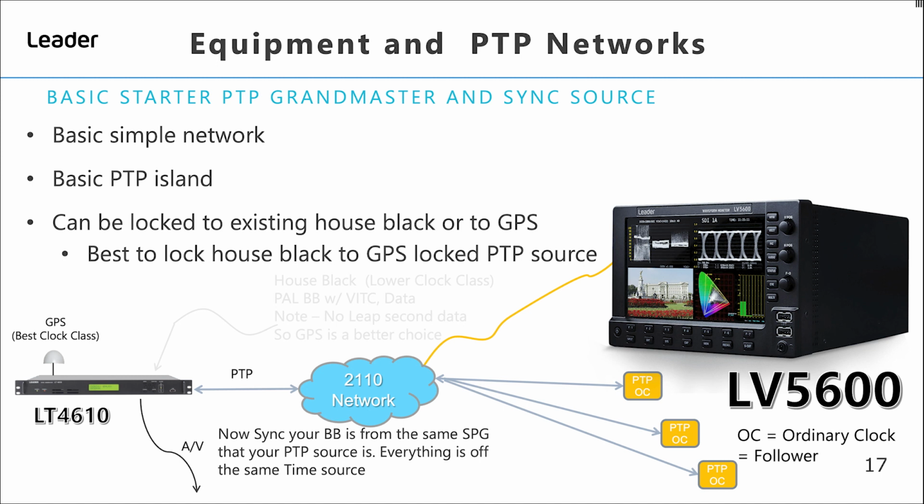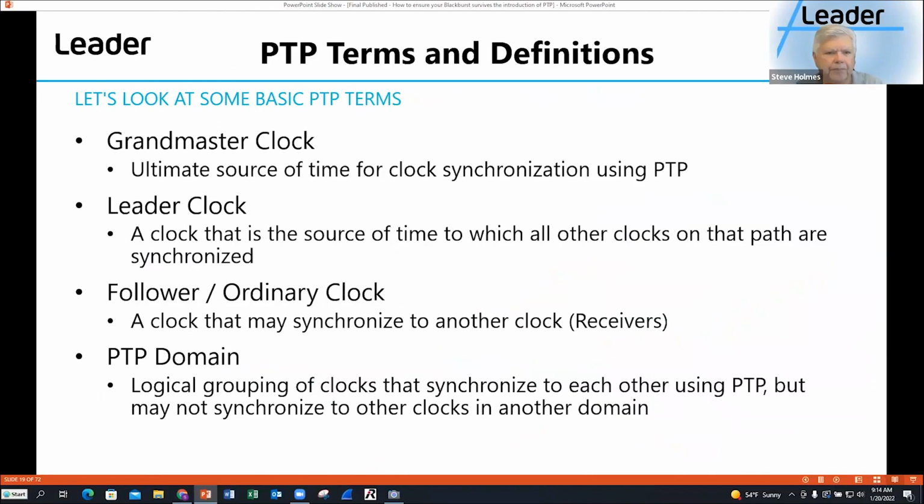Let's get into a bit more detail. So how does this PTP thing work? Before we get into how it works too much, let's cover a couple of basic terms. Within PTP, since it is a clock, there is a hierarchy to these clocks. The clock that your entire system is referenced off of is called the Grand Master.